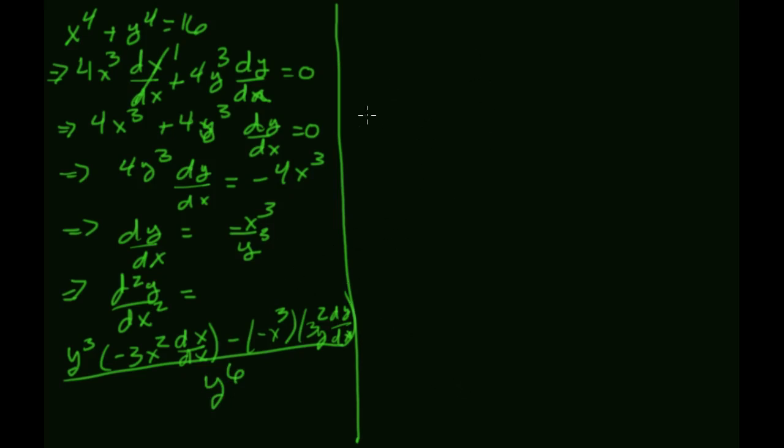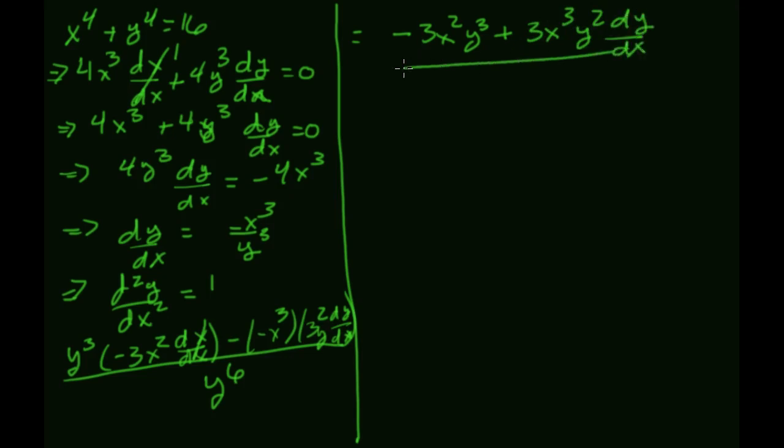Okay, so let's simplify a little bit here. This is going to give me negative 3x squared y cubed. That's a 1, right? And then we have a negative and a negative, right? Which should make this a plus 3x cubed y squared dy/dx over y to the 6th.